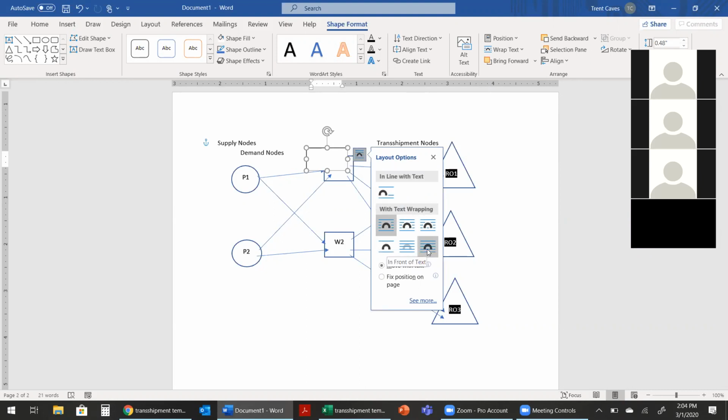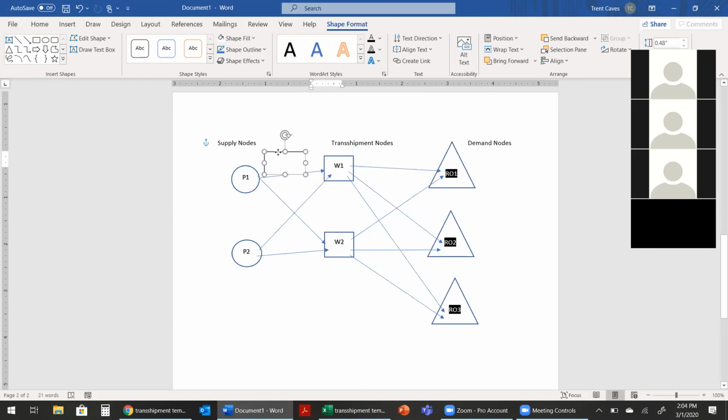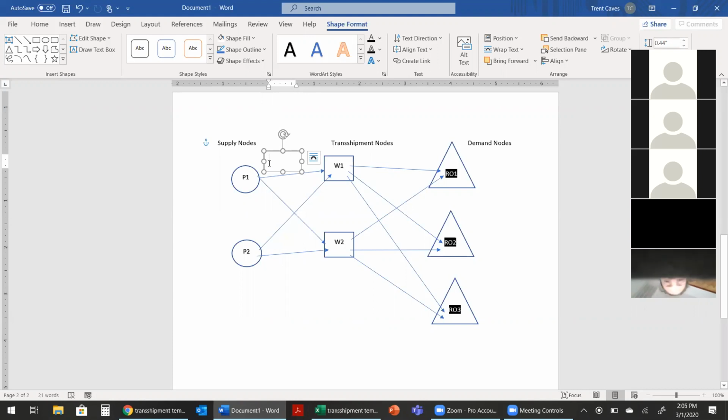We'll put this one so that's in front of text. That way it won't wrap. We can put it wherever we want. And we need to write down the ARC cost and capacity. So our first ARC is plant 1 to warehouse 1. Our unit shipping cost is $425. And our capacity is 125 units.